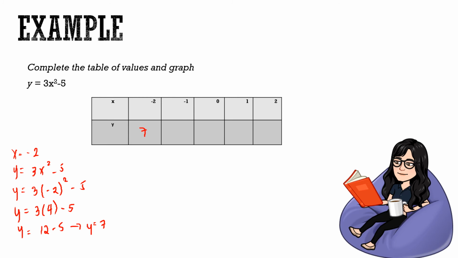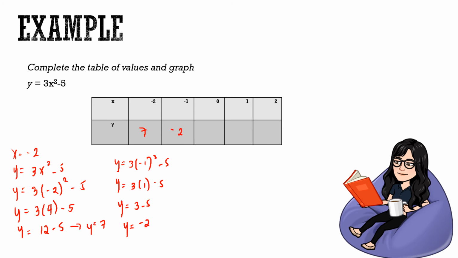Next, if x is negative 1, we have y equals 3 times negative 1 squared minus 5. So we have y equals 3 times 1 minus 5. So y equals 3 minus 5. So we have y equals negative 2.